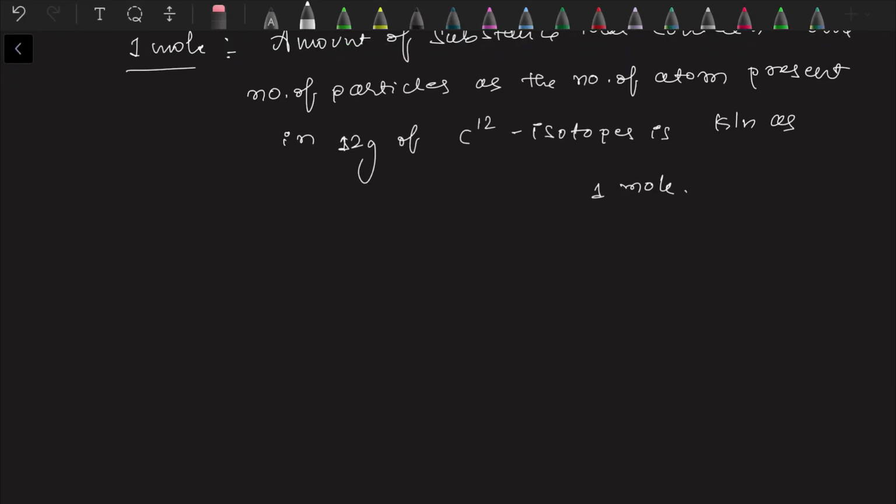So here they are mentioning 1 mole. In this 1 mole, the amount of substance contains the same number of particles, I mentioned. But how many particles? That is equal to the number of atoms present in 12 gram of carbon 12 isotope.